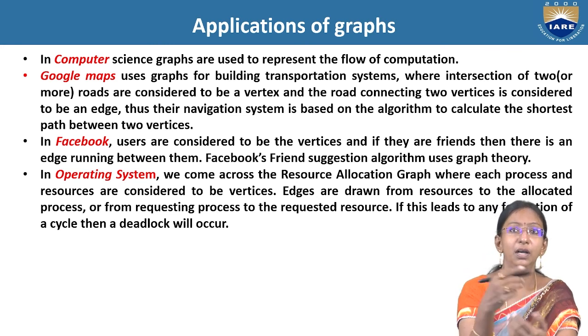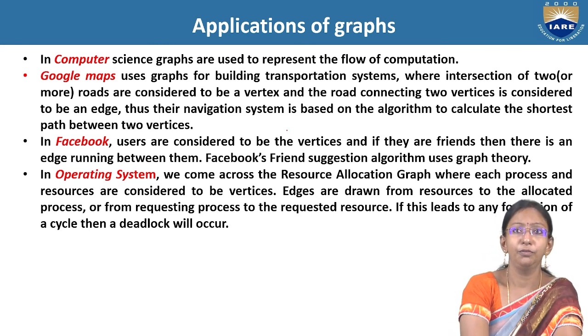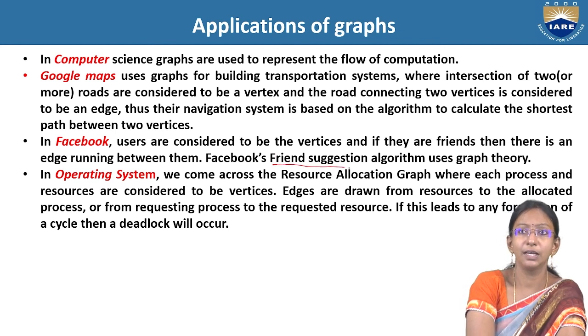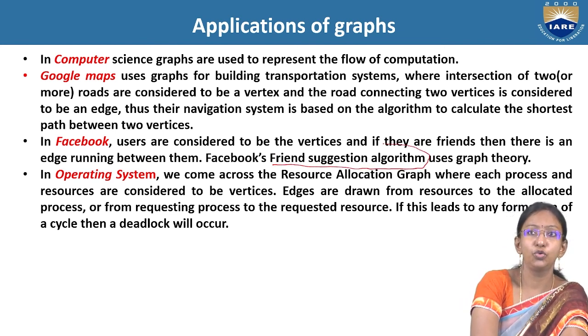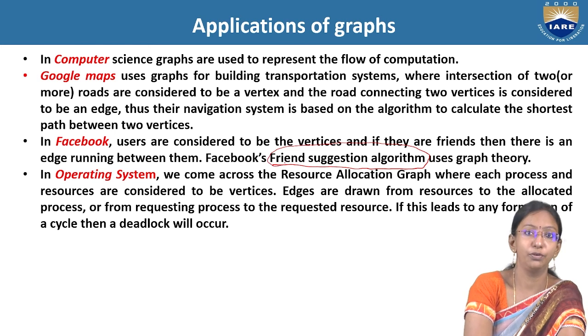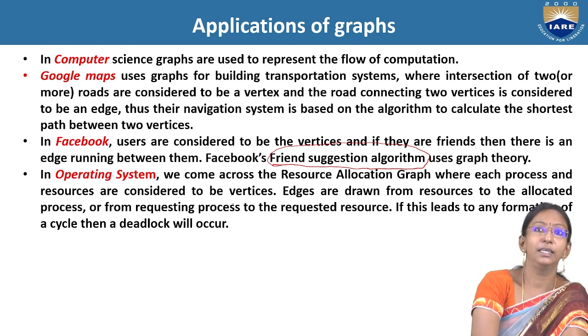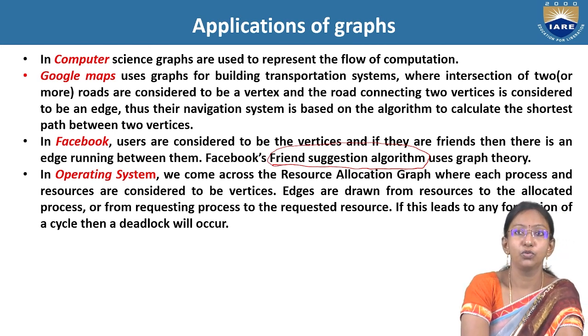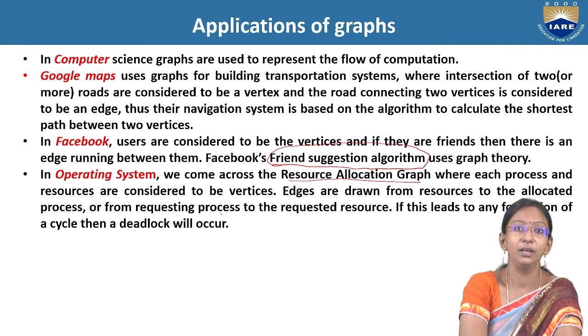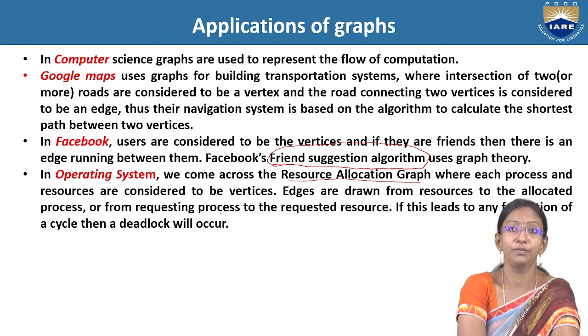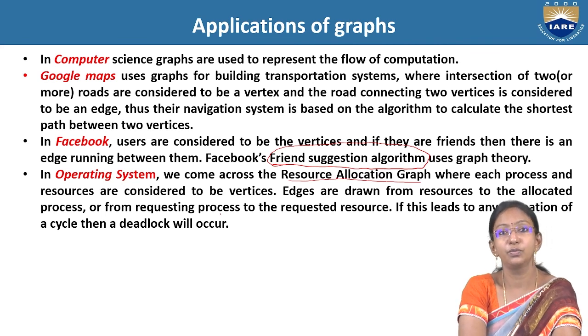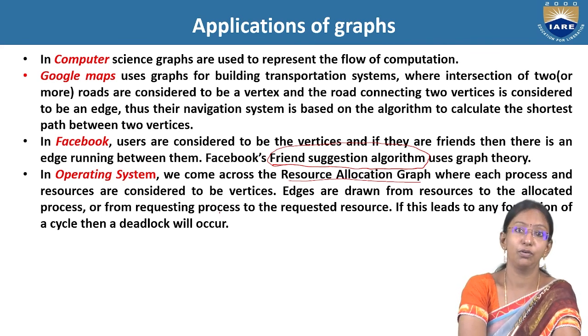Coming to Facebook, as I said, Facebook runs a friend suggestion algorithm to suggest mutual friends, right? Then comes operating systems. Resource allocation graphs are used for resource allocation, where resources are considered as the vertices of our graph, and edges are used for allocation of these resources to the system, right?